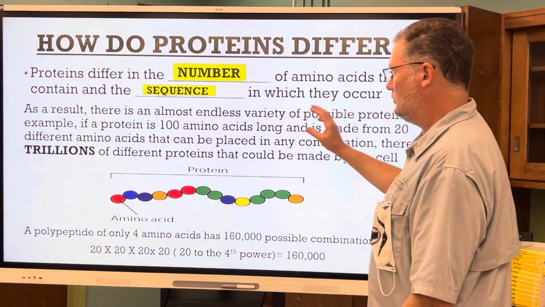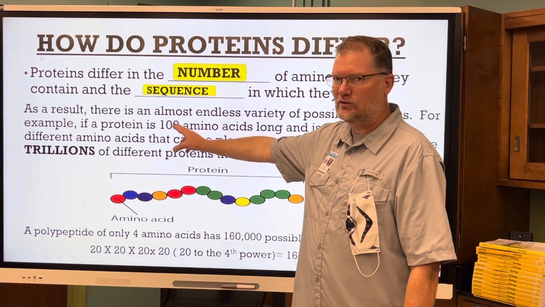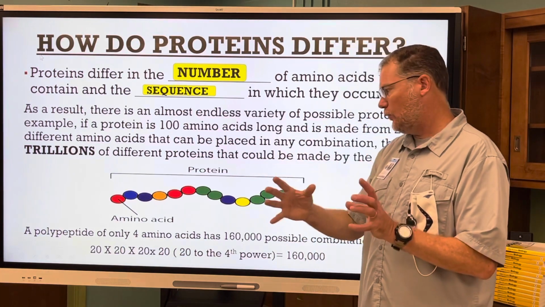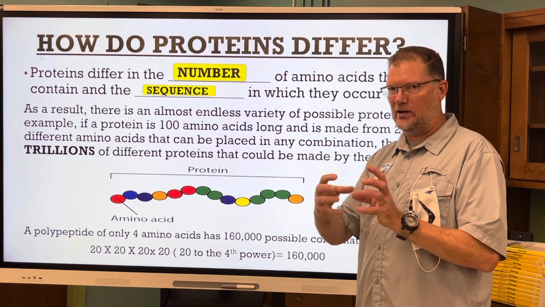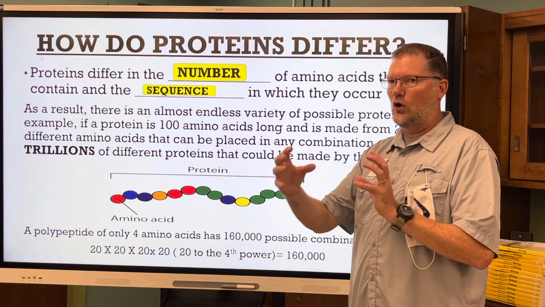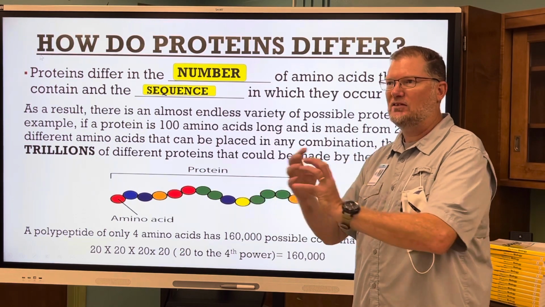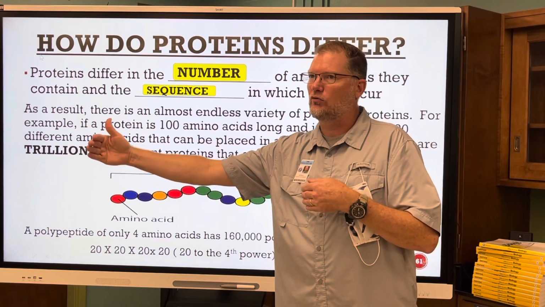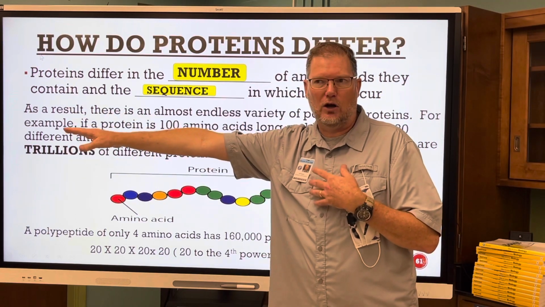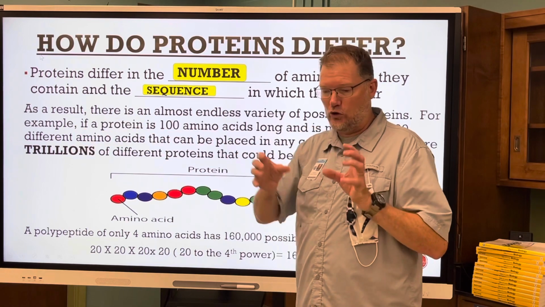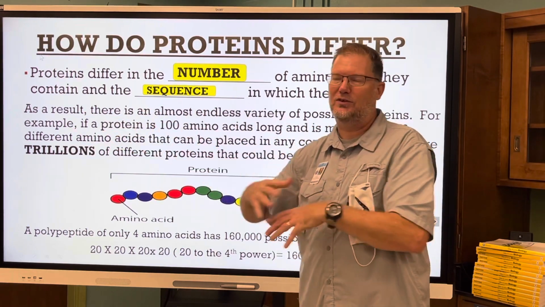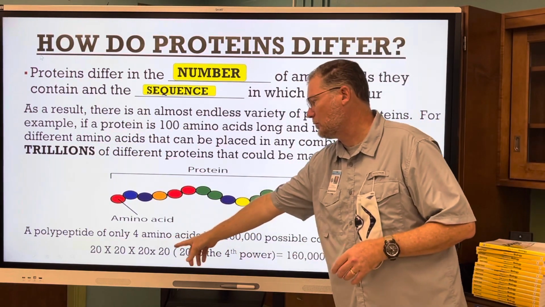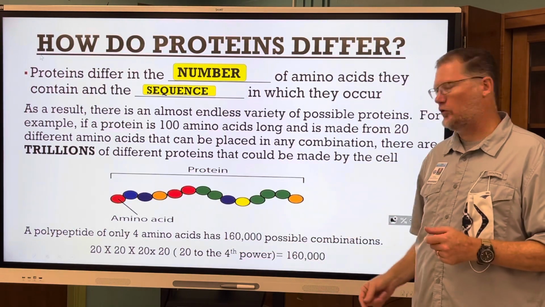Because if it's 100 amino acids long and there's only 4 amino acids total, they can be mixed up. So you can have 1, 2, 3, 4, 4, 3, 2, 1, 1, 3, 4, 2, and continuing on with the sequences, or you can mix up those 1, 2, 3, 4 sequences. It's 20 times 20 times 20 times 20, okay? 20 to the 4th power.